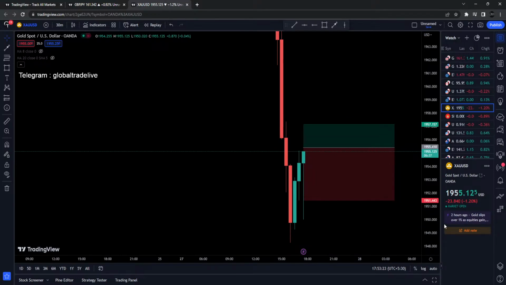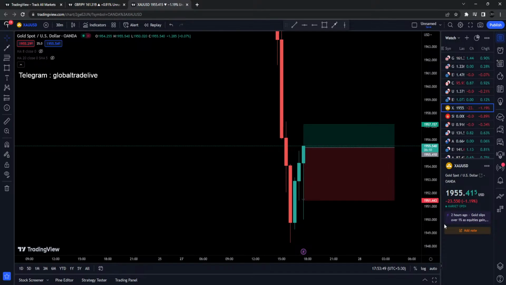It's about to break the high of the previous one. Showing a little bit of rejection at this point. Okay, it just broke the high of the previous candle. I'm not in any trade right now.